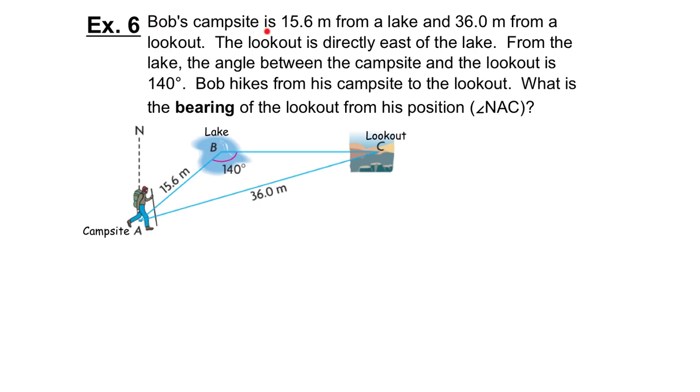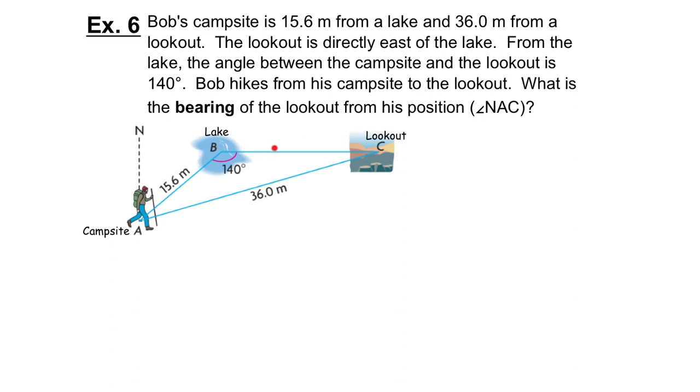Okay, Bob's campsite is 15.6 meters from a lake and 36 meters from a lookout. So here's the campsite, here's the lake, here's the lookout. The lookout is directly east of the lake. So directly east, if we look at a compass, there's north.